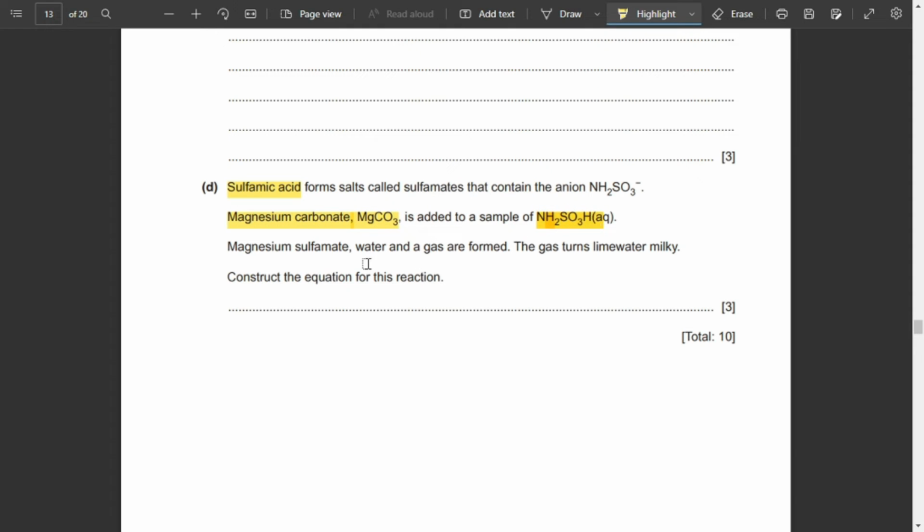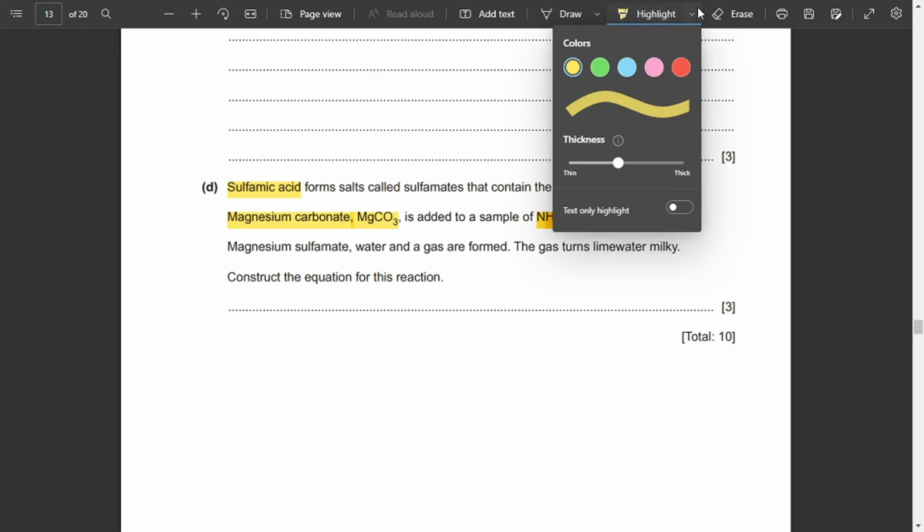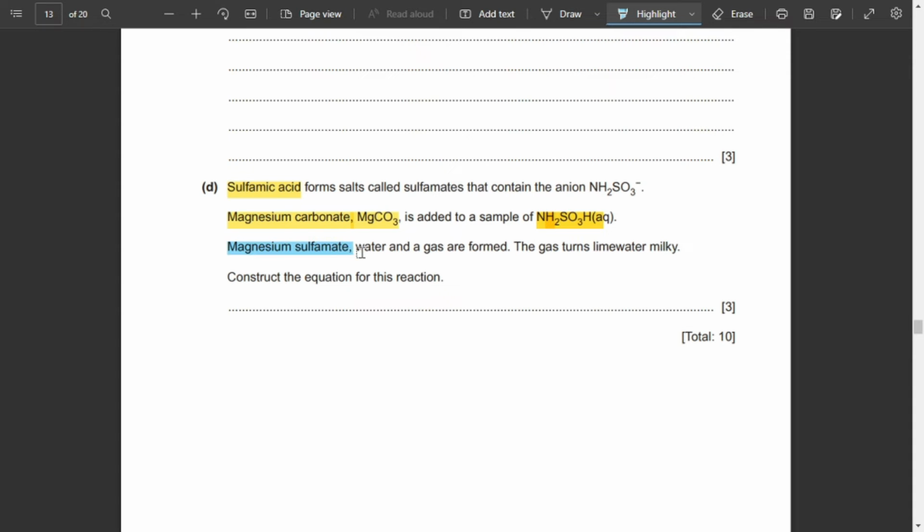Alright, then magnesium sulfamate, water and a gas are formed. Now if we talk about the product side, we have magnesium sulfamate, water and a gas. Now we need to identify the gas too, that we'll get to know through the reaction. Also we have a sort of a hint given over here that whatever sulfamate is, it has this as its anion. Alright, so let's construct this equation.